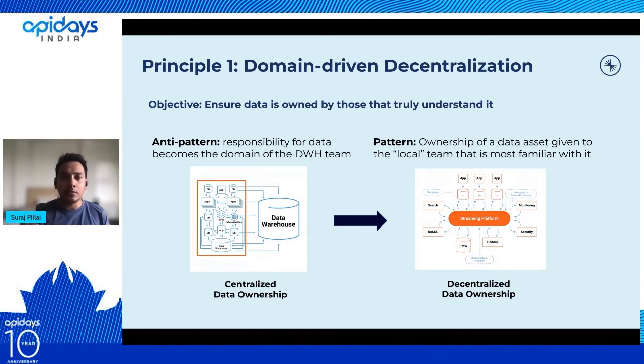So for example, if there is a customer ID attribute in your schema, everybody should have some understanding of what that customer ID is. I'm just giving you a very trivial example, but you understand what that problem is.